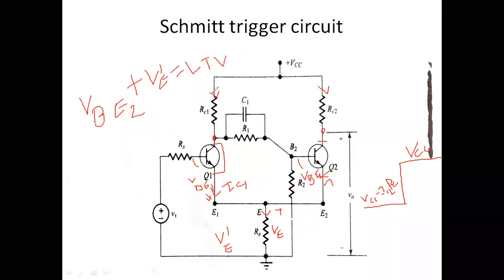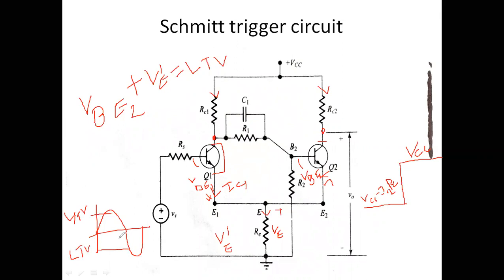That means here we have seen two voltages, the upper threshold voltage and the lower threshold voltage. Your input voltage is moving in two directions. At this point you may have an upper threshold voltage, and at this point the lower threshold voltage.